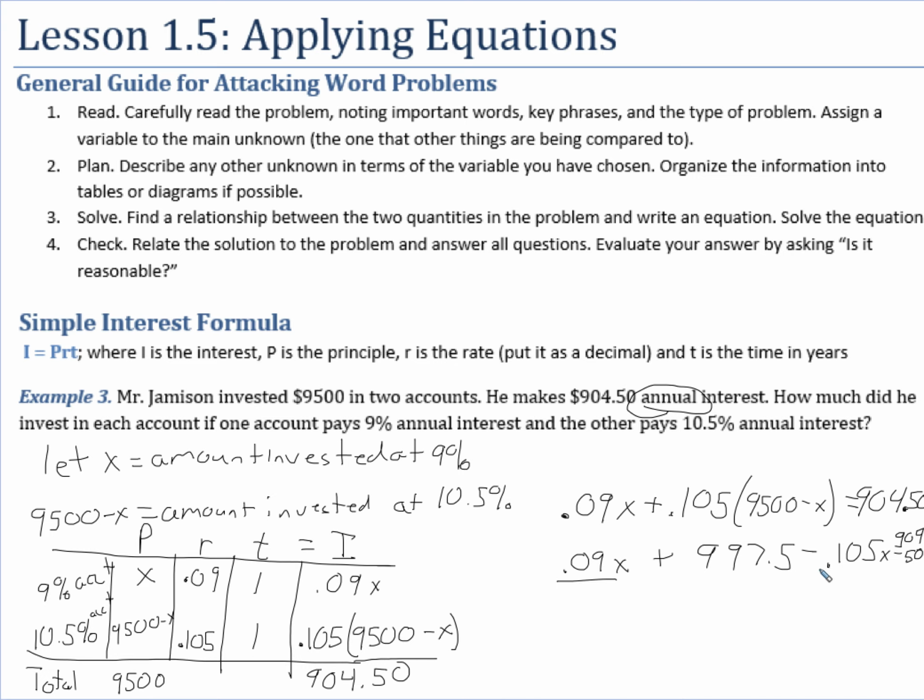Here we have some like terms. This is 0.09 minus 0.105. Well, that's a negative 0.015 plus 997.5. Now I get to rewrite this correctly or better, so $904.50.